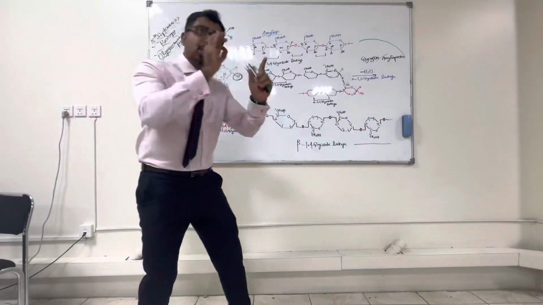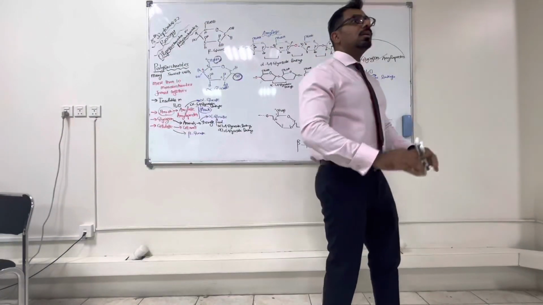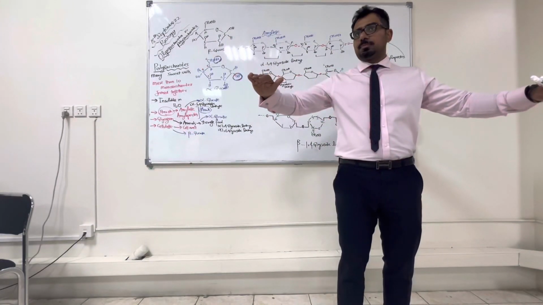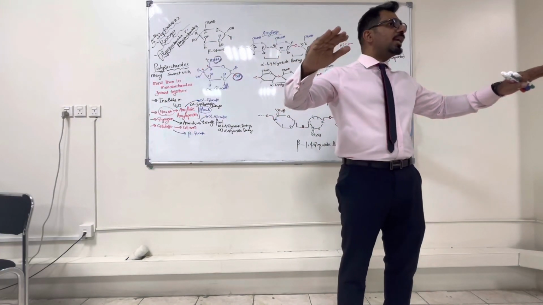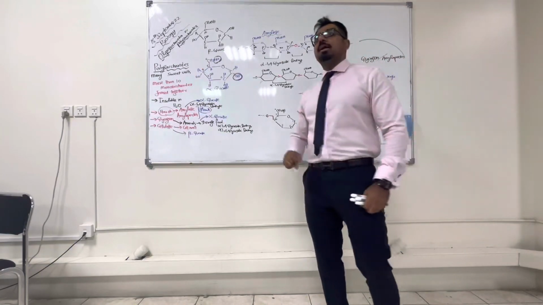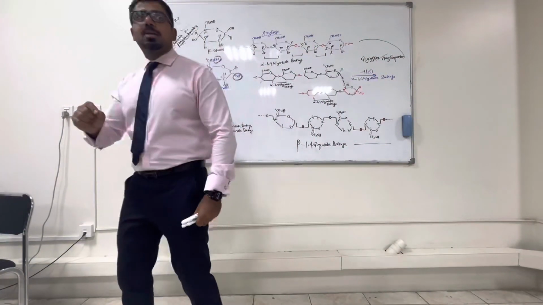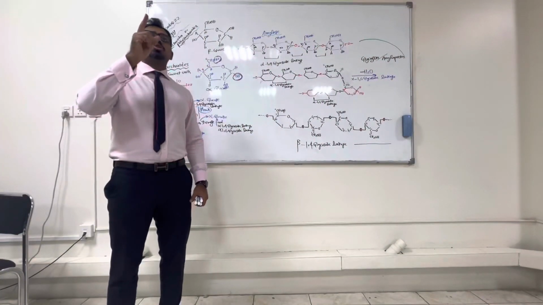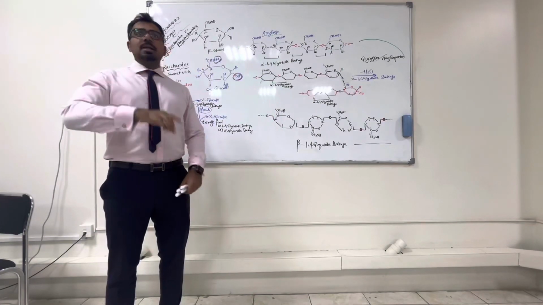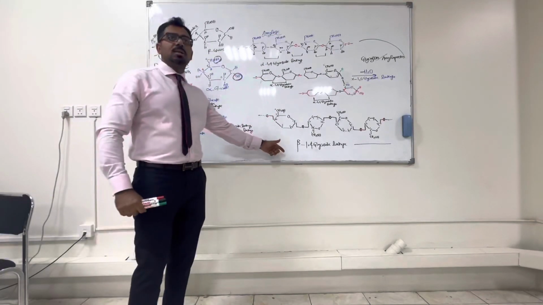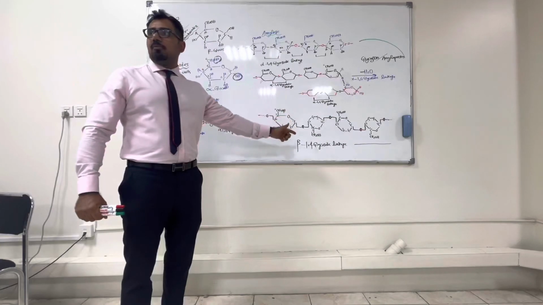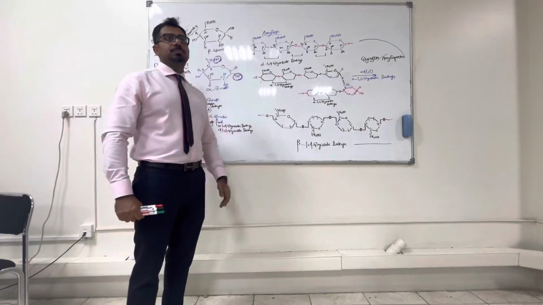As the straight chain is formed, it is in the form of fibers. It is in the form of straight fibers. That is why it can be used as what? As a structural polysaccharide. That is why it is used as what? As cell wall building material.